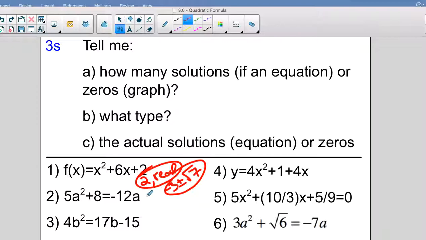The second one we'll do, if you got it, I'd move the 12a over to make it equal to 0. And then when you did it that way, I think you get a negative discriminant. It would be 144, b squared, minus 4ac, which would be 160. So it'll give you negative 16. But the fact that it's a negative discriminant tells you that you still have 2 solutions, but they are both imaginary.